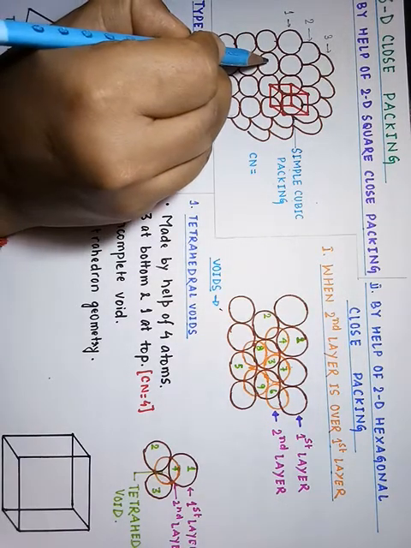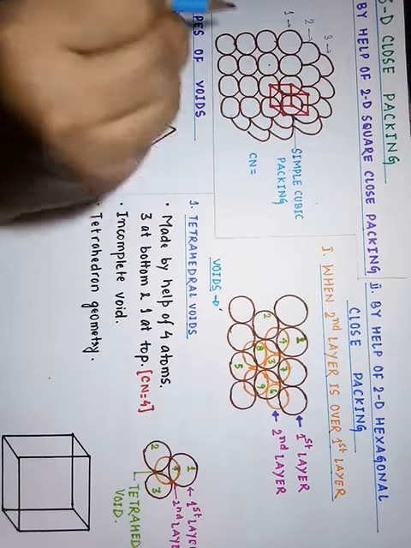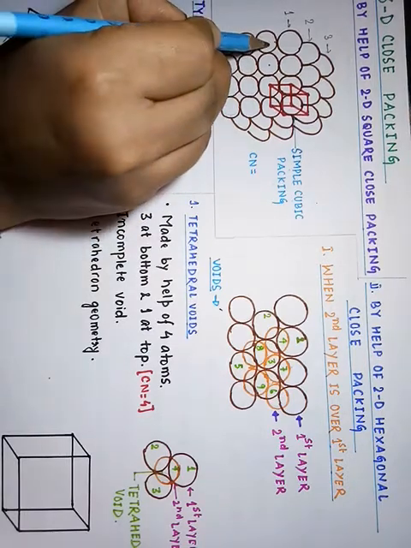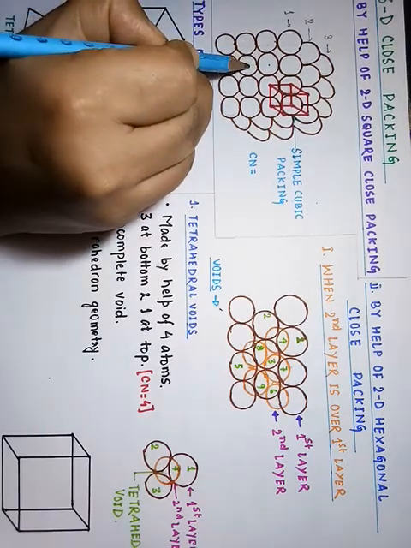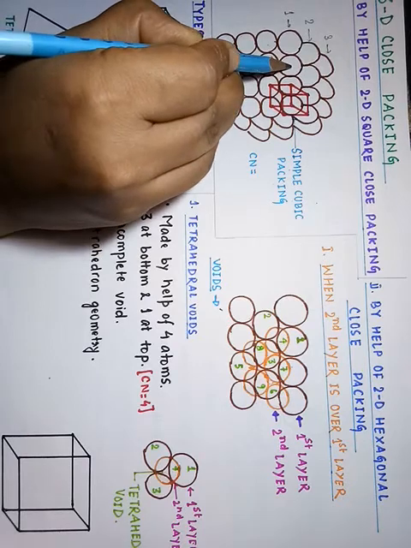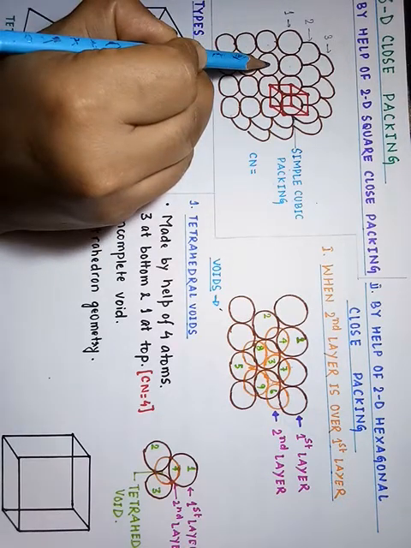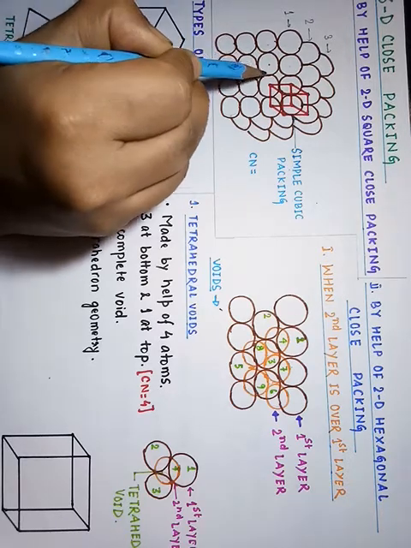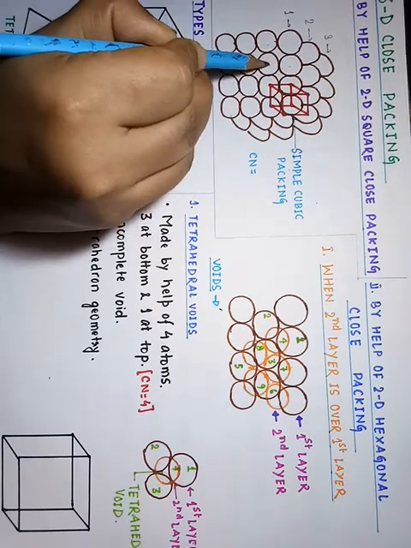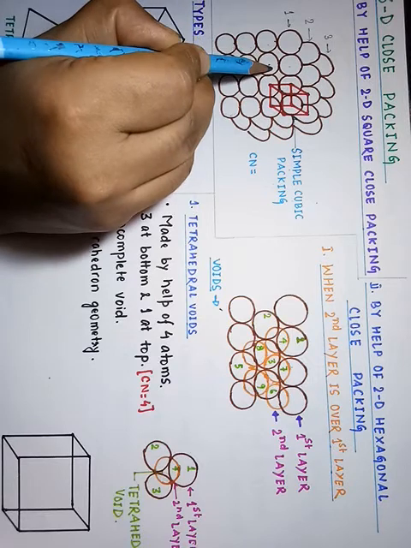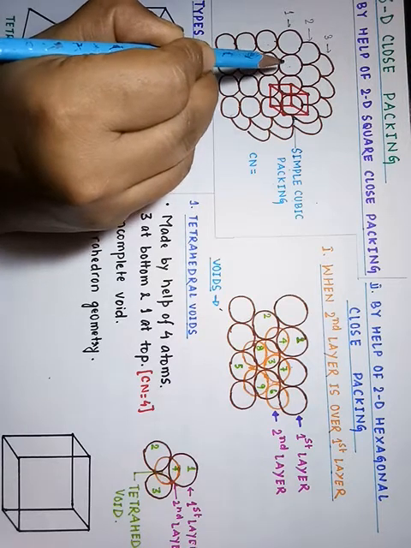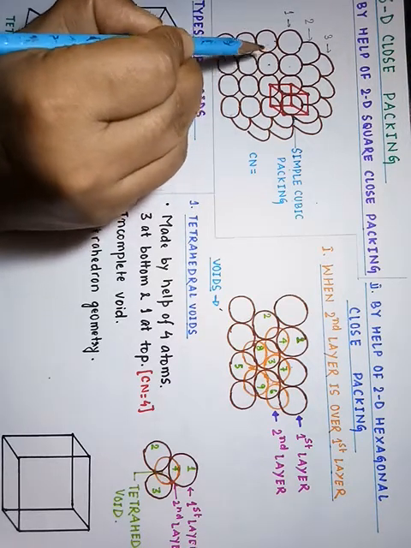So in its own layer, an atom is in contact with 1, 2, 3, 4 atoms. You can just see it very clearly. An atom is in contact with 1, 2, 3, 4 in its own layer, and this atom is again in contact with a similar atom which is lying above it.